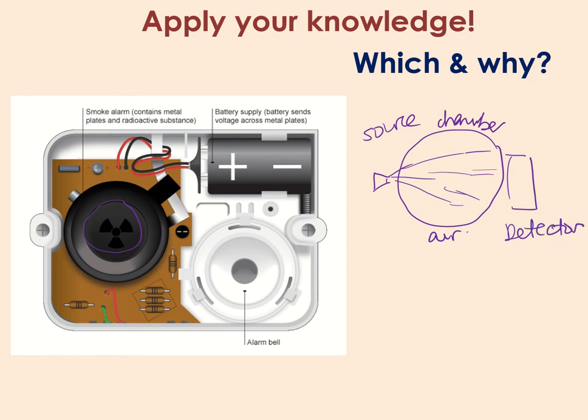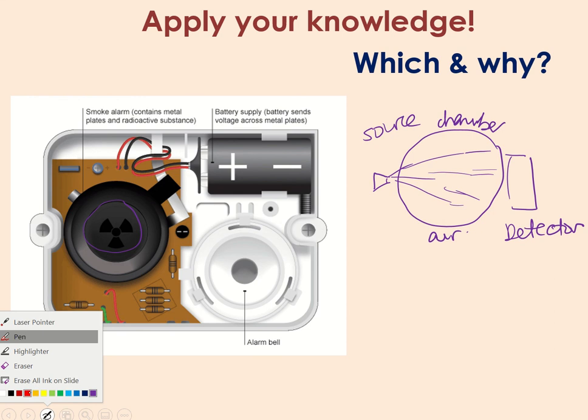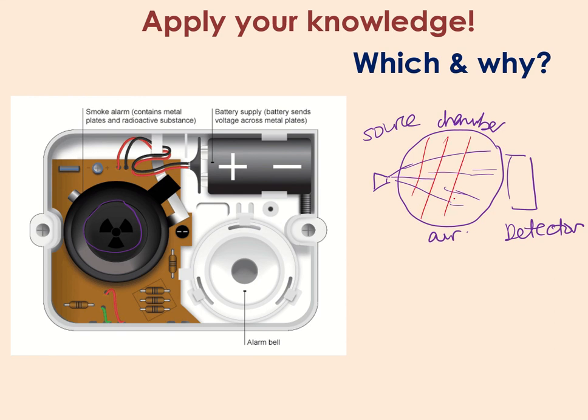The idea here is that when this chamber fills with smoke, less of the radiation is going to get to the detector, and then when this level drops, it sends a feedback loop to sound the alarm. So just thinking about how that works, which type of radiation do you think that would be, and why?